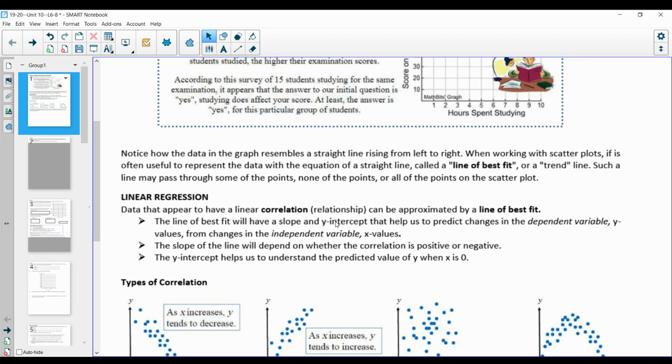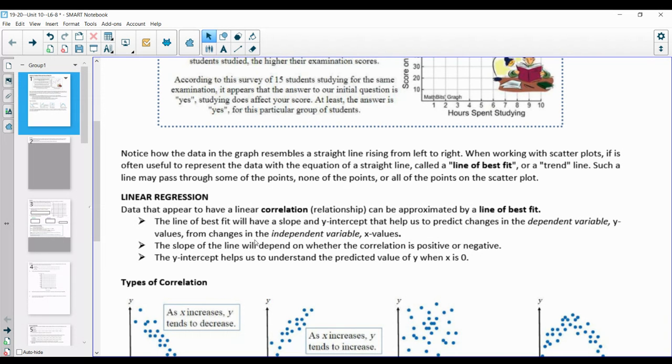And this line of best fit will allow us to predict changes in the dependent variable, or y value, from changes in the independent variable, or x value. The slope of the line will depend on whether the correlation is positive or negative. The y-intercept will help us to understand the predicted value of y when x is 0.